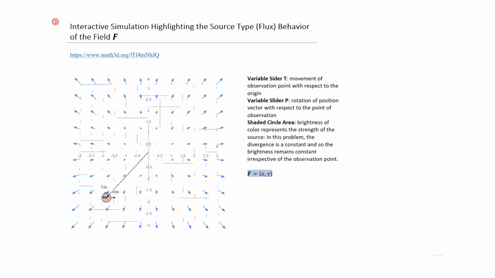All right, so now let's look at an interactive simulation highlighting the source type behavior of the field F. And again, we're restricting ourselves to a two-dimensional vector field because it's easier to visualize, but the basic ideas can be demonstrated. So what I've done here is plotted these blue arrows, and the field is (x, y).